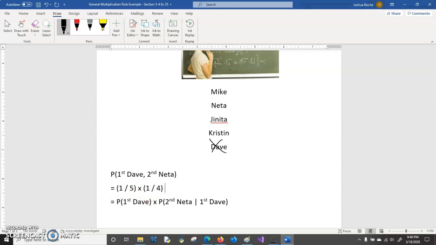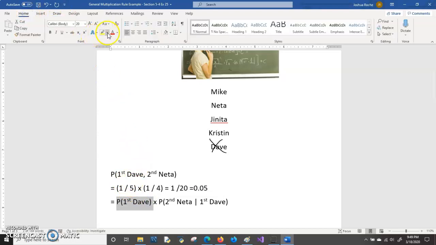Multiply those, that's going to be 1 out of 20, which is 0.05. This really is the formula that we saw a few minutes ago. The 1/5 is the probability that Dave would be picked first, and the 1/4 is the conditional probability: the probability that Netta would be picked second, given that Dave has already been picked first.